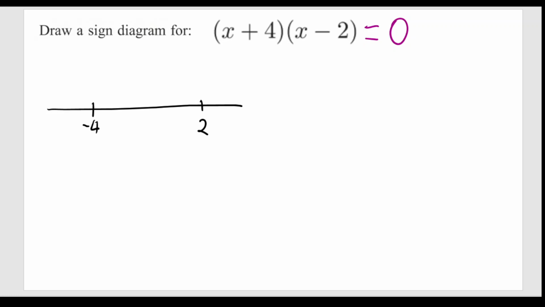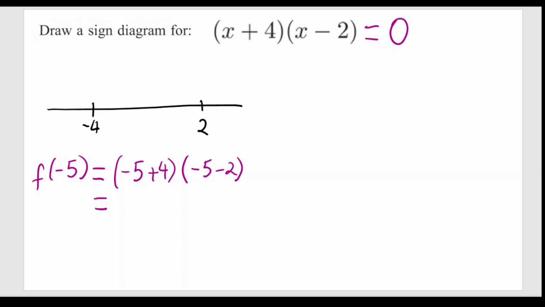So let's start off with f of -5, which is going to be substituting in -5 wherever x appears, which is going to give us -5 plus 4, -1, -7, which gives us 7. Now that is a positive, so we've got positive here.